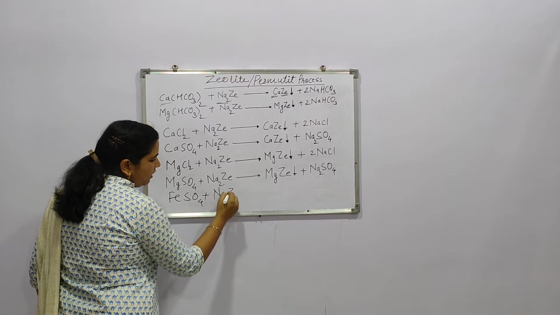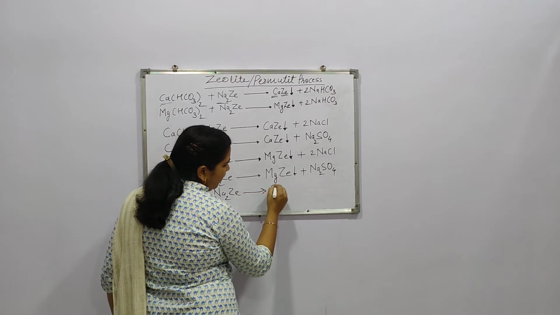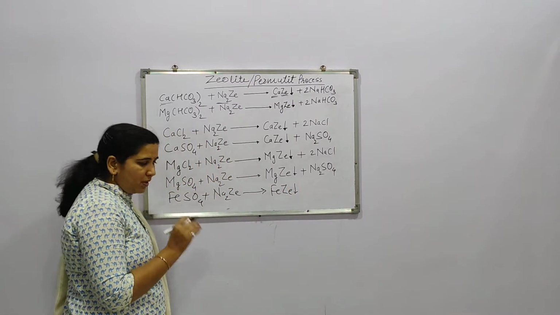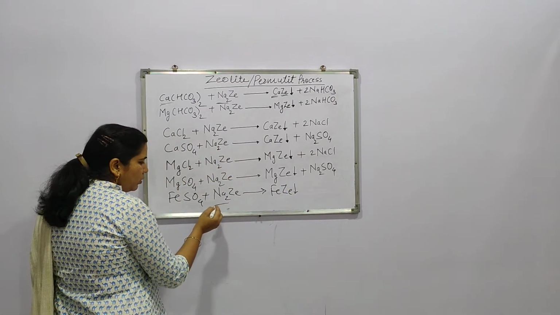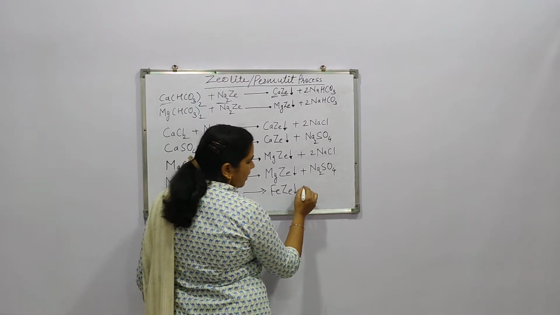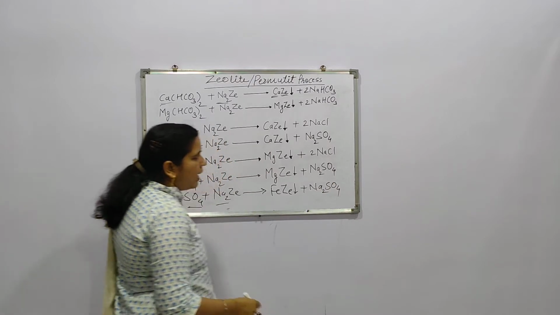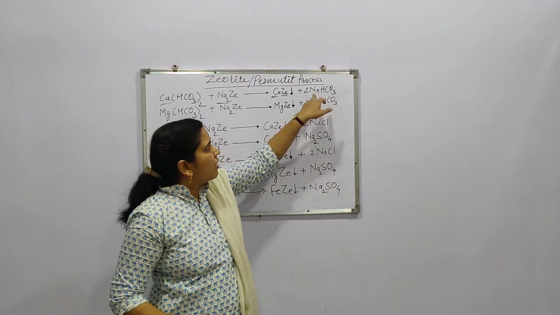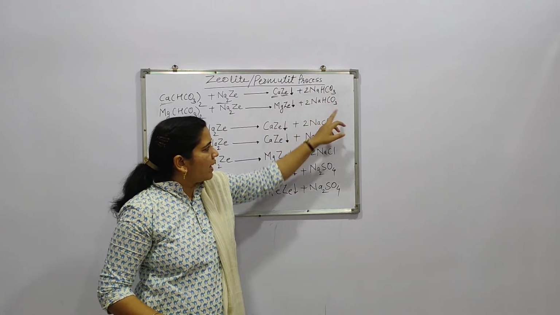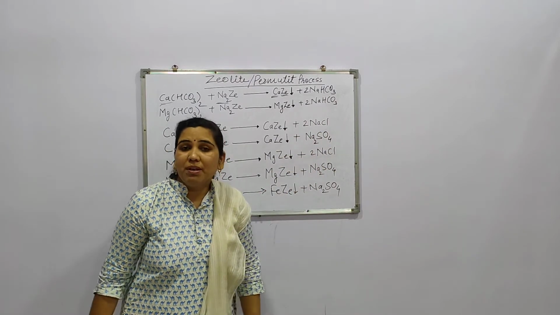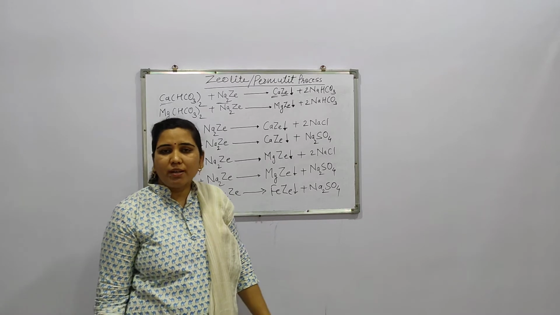FeSO4 plus Na2Ze, the zeolite bed, and this Fe is taken by the zeolite and gets stuck in the bed, while Na2 and SO4 are there as disodium sulfate, Na2SO4. So as byproducts, we can see sodium bicarbonate, sodium chloride and sodium sulfate. These are all similar types of products which are there in the water.